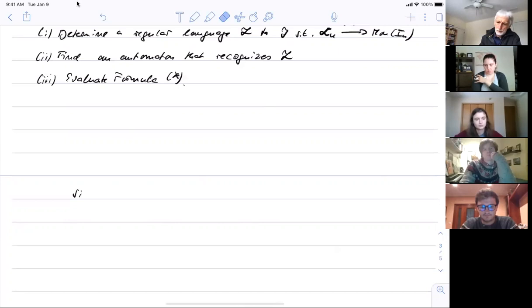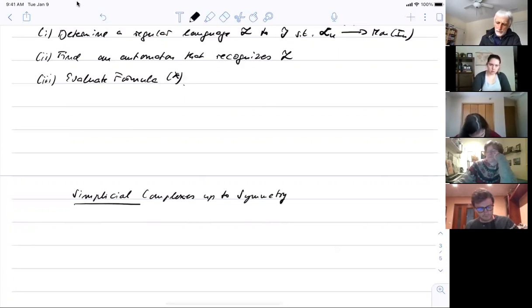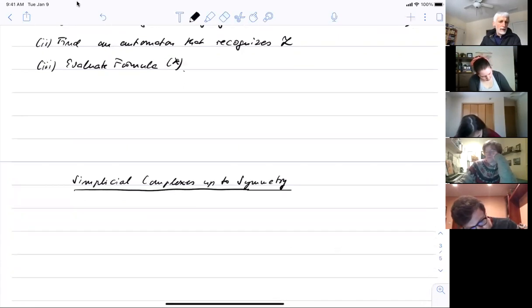So, simplicial complexes up to symmetry. All right.